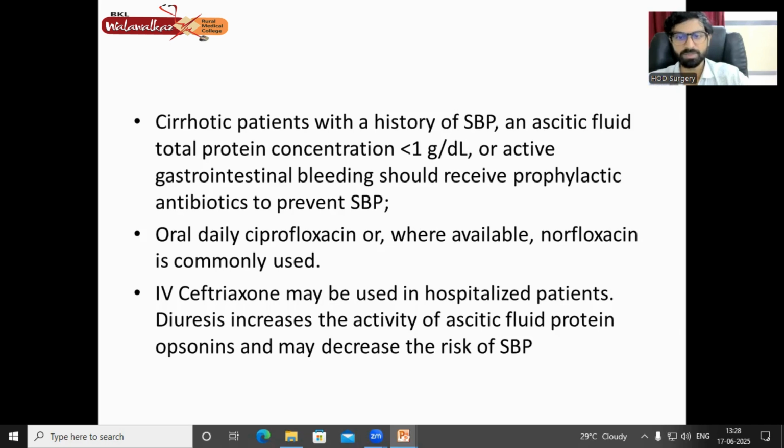IV ceftriaxone may be used in hospitalized patients. Diuresis increases the activity of ascitic fluid protein opsonins, which are antibacterial, and may decrease the risk of SBP.